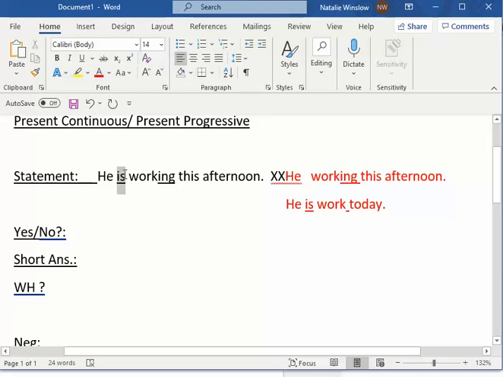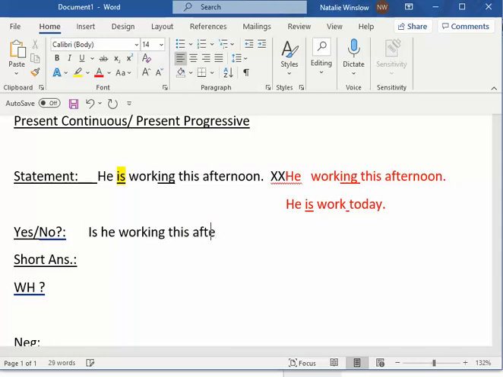When we are asking a yes/no question with the present progressive, the be verb is your question word. So you will have, is he working this afternoon?